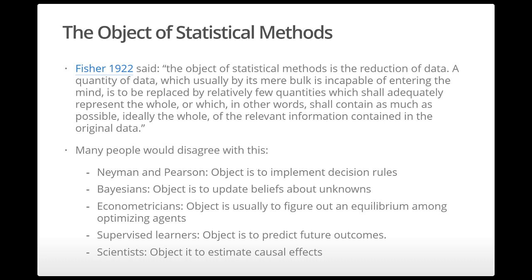Usually the object there is to figure out what some equilibrium is among optimizing agents, but econometricians sort of developed their techniques kind of in parallel to statistics over the latter part of the 1900s. Supervised learning, as I mentioned before, there the object is to predict the future. And basically everyone who's doing applied statistics from a scientific standpoint these days is trying to estimate, at least ideally, the causal effect of something. So it's not the mere reduction of data in order to have a few quantities that capture all of this information.